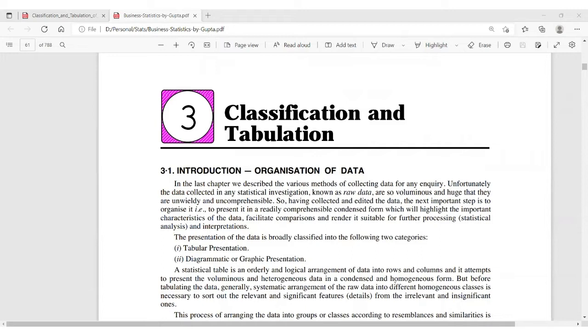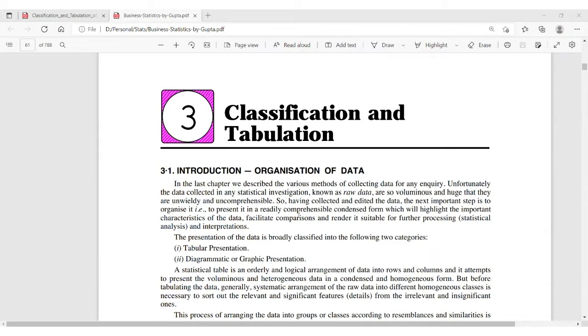Firstly, the data collected in any statistical investigation, known as raw data, are so voluminous and huge that they are unwieldy and incomparable.